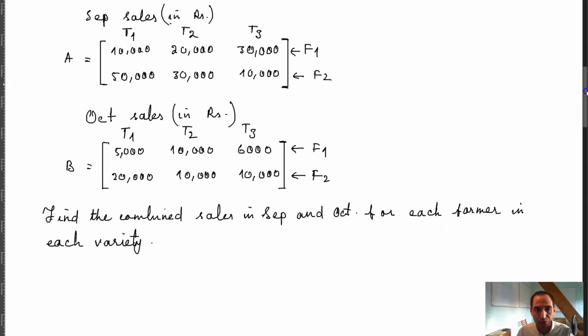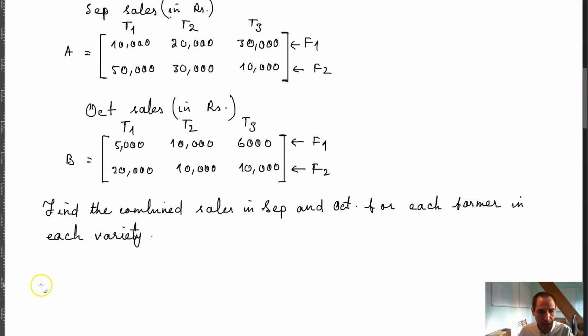So you simply write, basically, if you calculate A plus B, you can imagine that the corresponding elements will be added together. You will get another matrix, which is 10,000 plus 5,000 is 15,000. 20 plus 10 is equal to 30,000. 30 plus 6 is 36,000. And 50 plus 20 is 70,000.